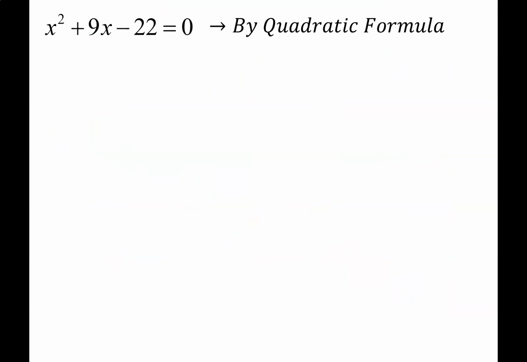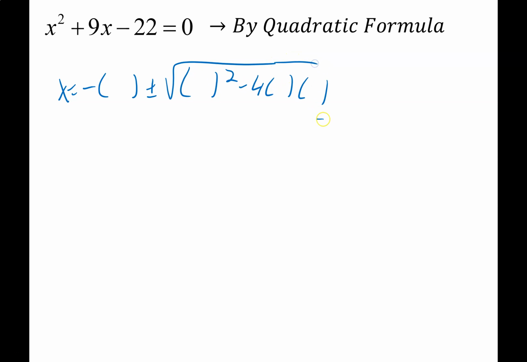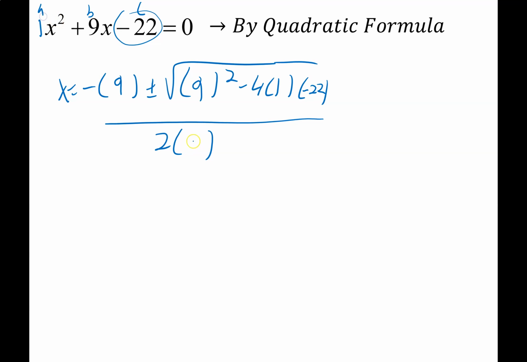And then lastly, the quadratic. So it's x equals negative b plus or minus the square root of b squared minus 4ac all over 2a. So there's my b, a is 1, c is negative 22, and then all over 2a. So I get negative 9 plus or minus 9 squared is 81.